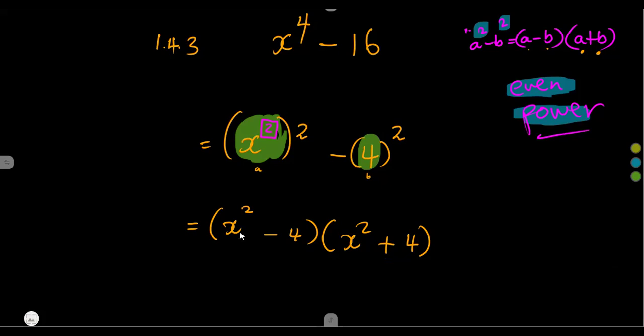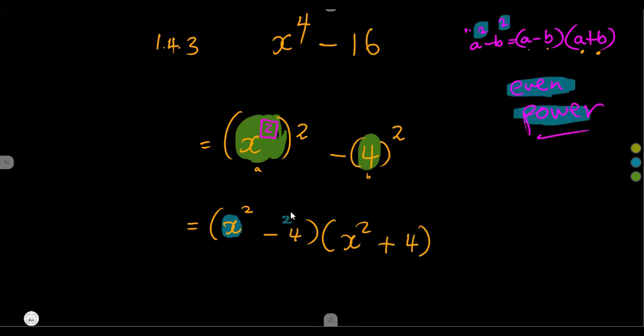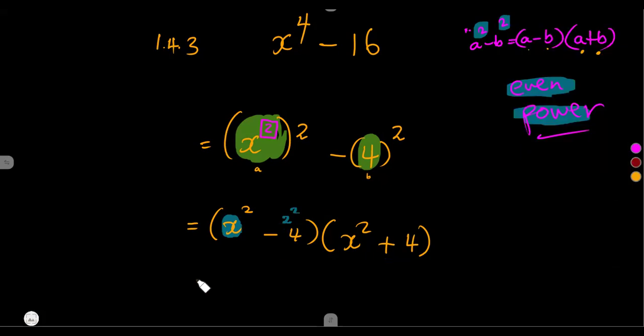Take note. So this is x squared. Can this 4 be written as a number to the exponent of 2? Yes. 4 is the same as 2 squared, remember that? So we're just going to have this one as 2 squared. Meaning to say, again, our factorization was possible. a minus b, guys, just like the previous case.